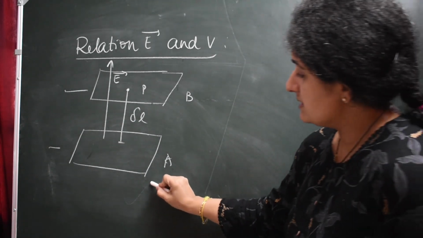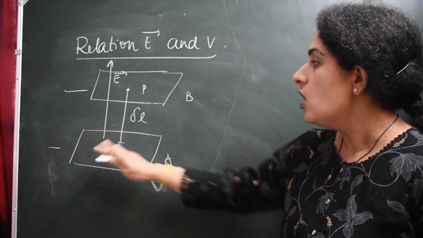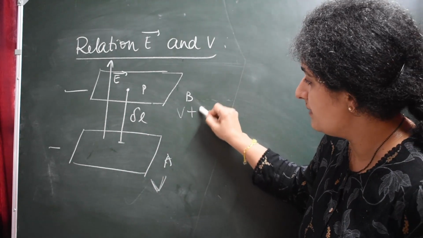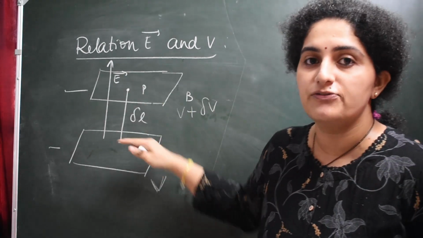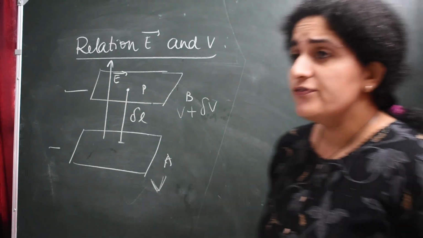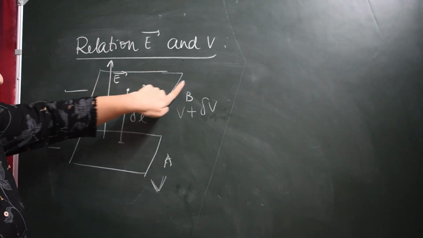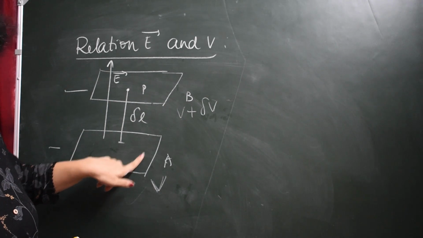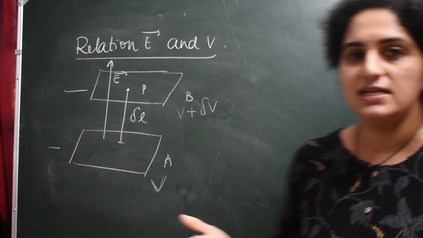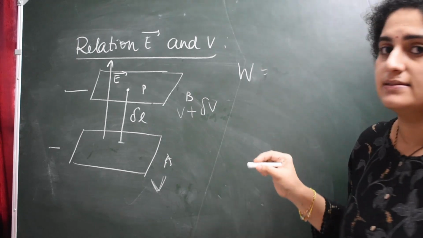So now say that this is at the potential of V. That means the amount of work done to bring any charge to this surface is in terms of V. And say here it is V plus delta V. That means there is an increase of delta V potential from A to B. If you want to move the charge from this point P on surface B to surface A, then you have to do some amount of work because there is a change in the potential.